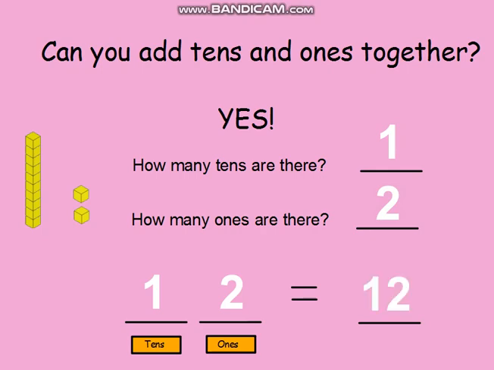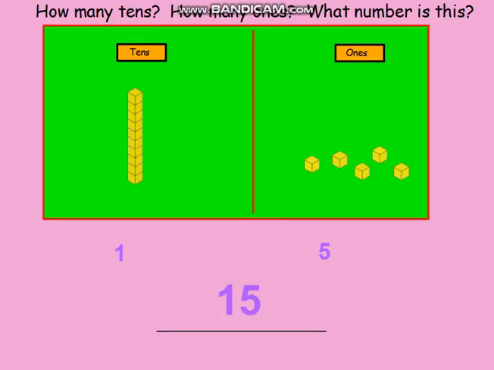Yes, so 1 ten, 2 ones, we will get number 12. So, how many tens are there? Only 1. How many ones are there? 1, 2, 3, 4, 5. So 1 ten, 5 ones, and we've got number 15.